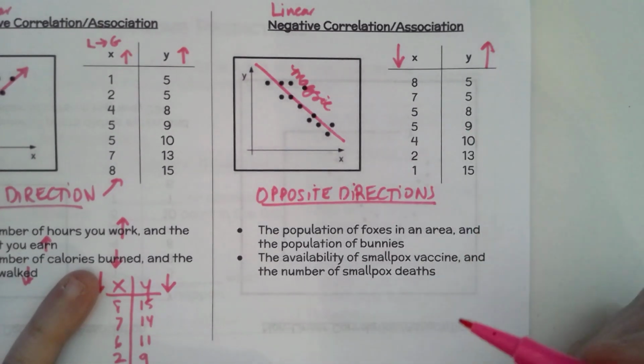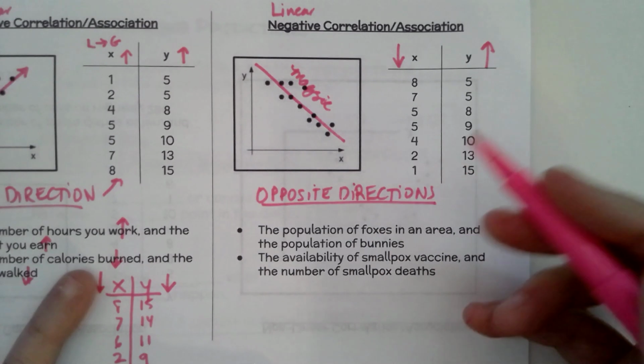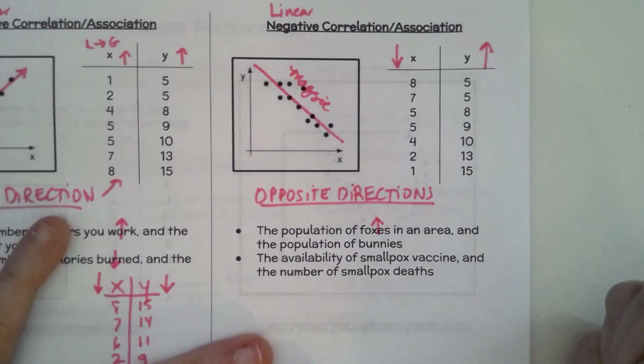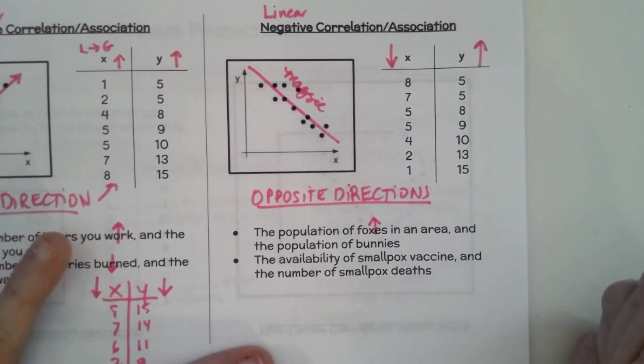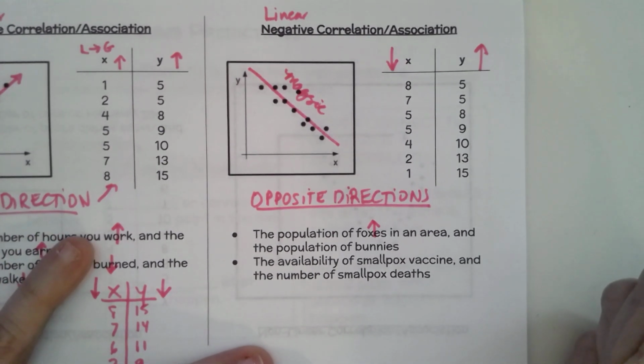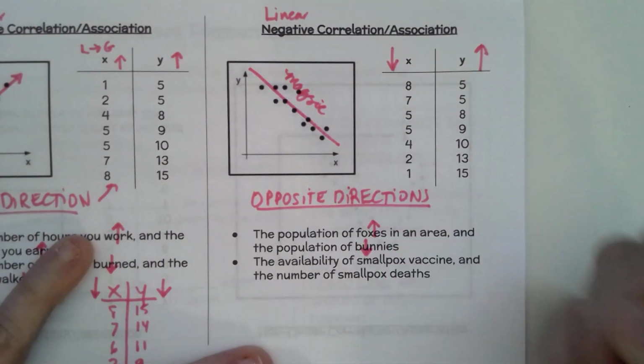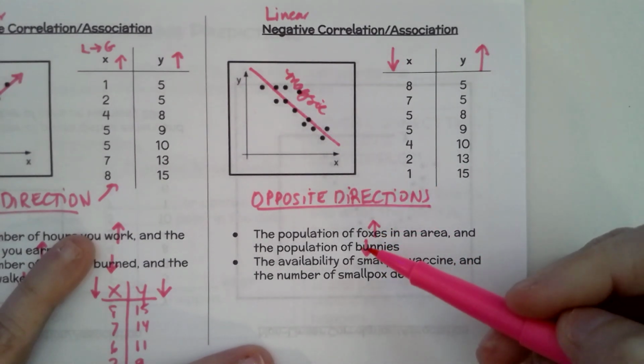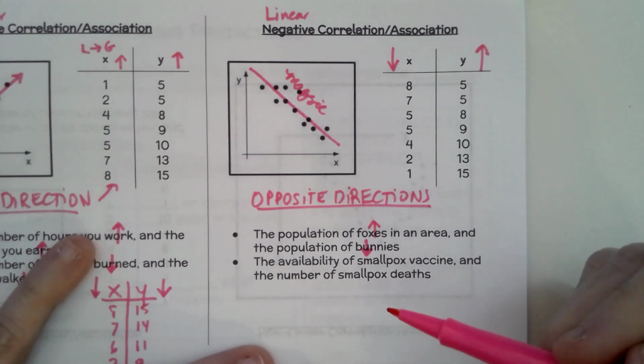Okay, anyway, opposite directions. Now, same thing happens in situations. So when there are more foxes in the area, what happens to the bunnies? What do the foxes do? They eat the bunnies, so there's less bunnies. Now, likewise, if there were less foxes in the area, what would happen to the bunnies? There'd be more bunnies, okay?